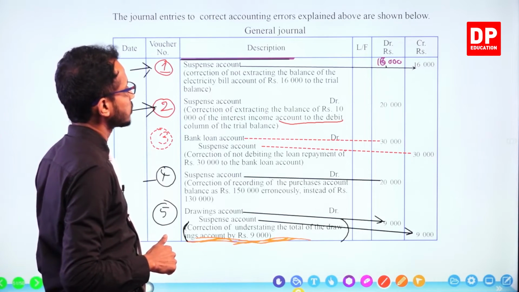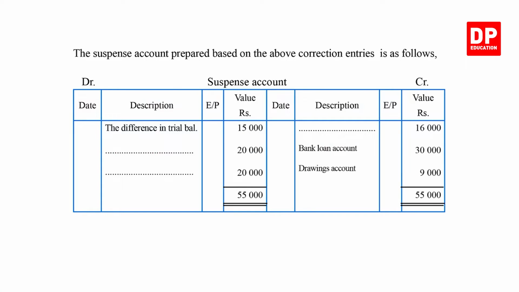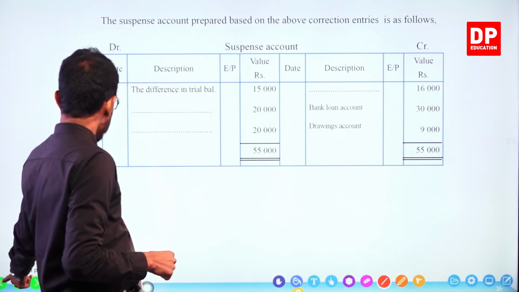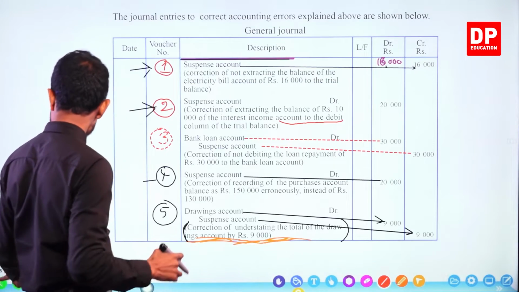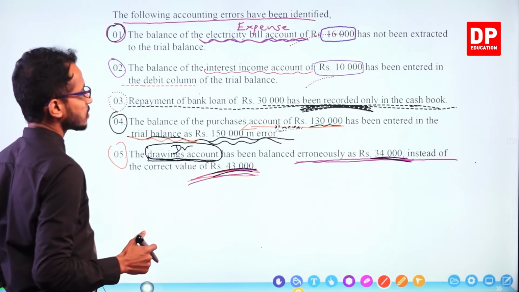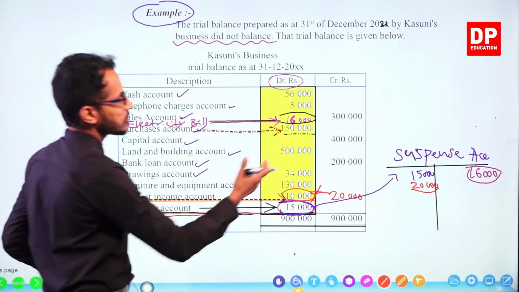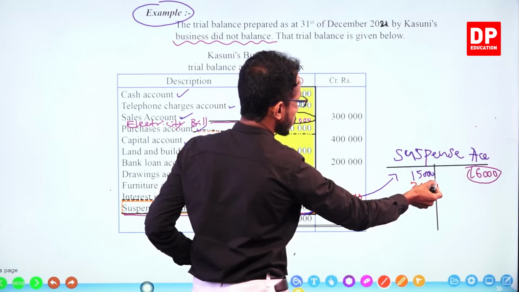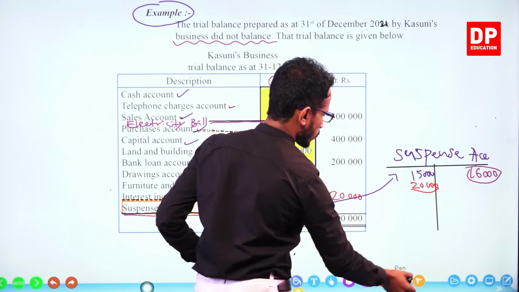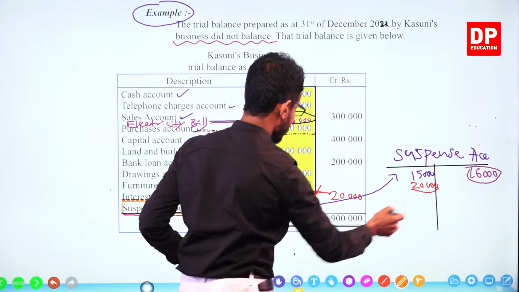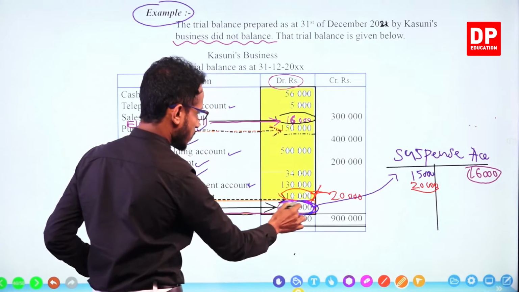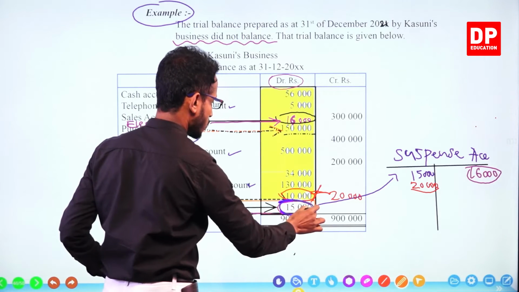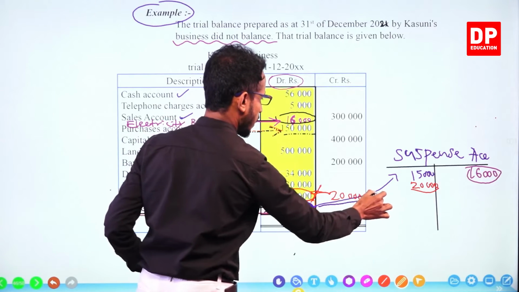Now see, I prepared a rough suspense account right here with the opening balance 15,000, taken from the debit side of the trial balance.